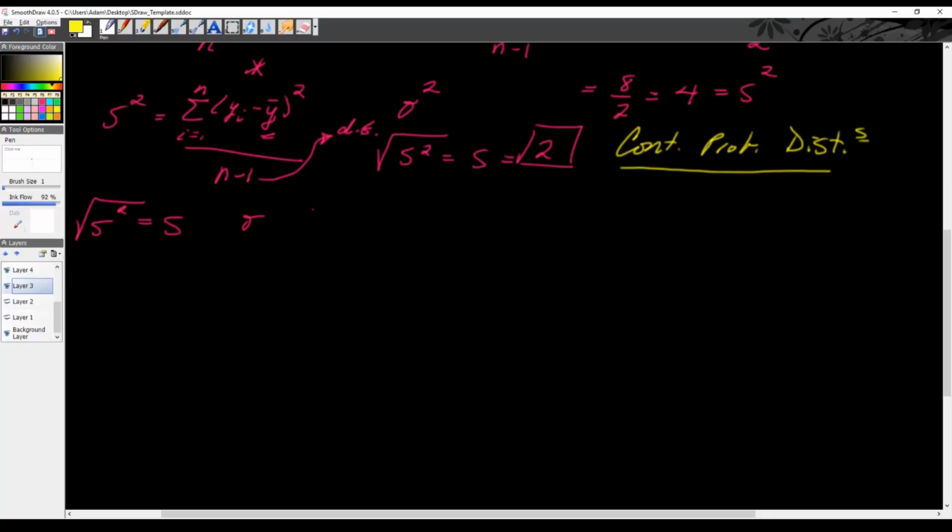So I can use the continuous probability distribution to calculate probabilities concerning the value y might obtain. This sort of implies that I know the probability distribution, so we'll see some examples in just a minute.